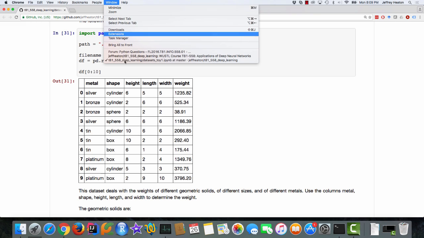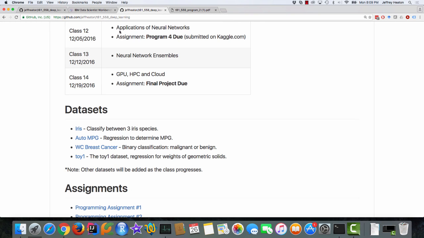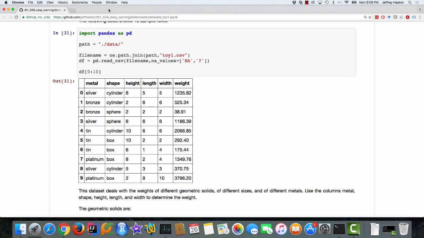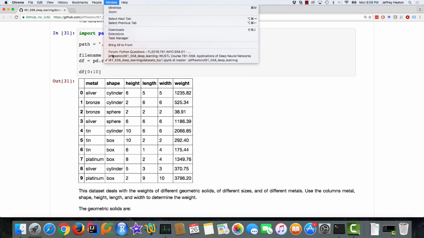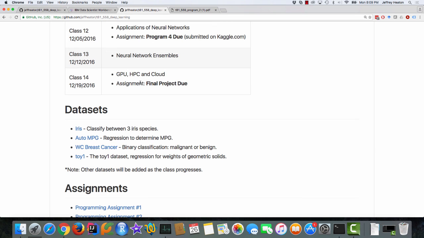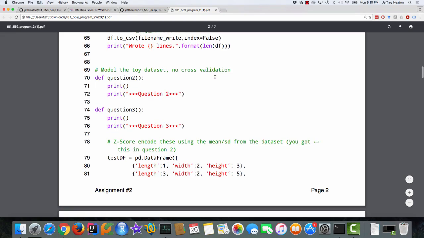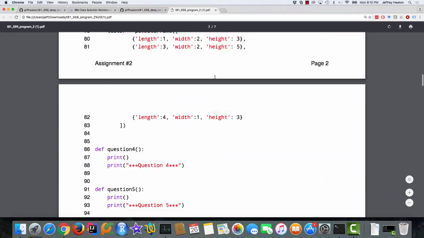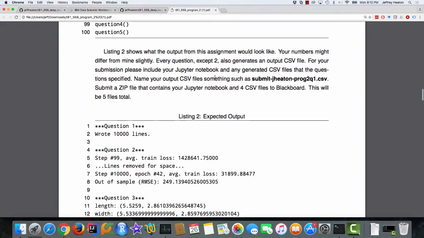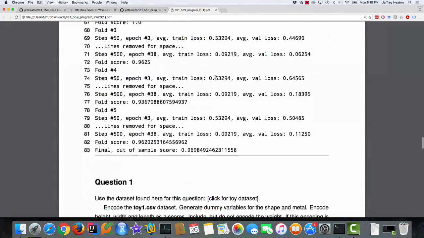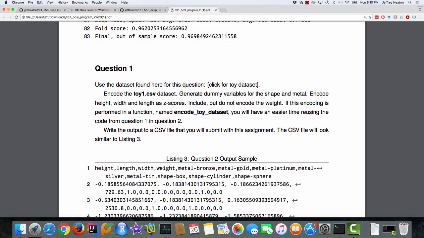Okay, and then what the questions are. And then I give you sample output too. So question one, you're encoding the toy data set.